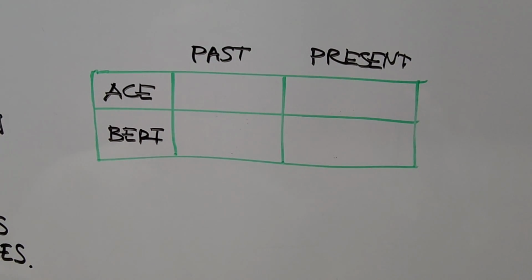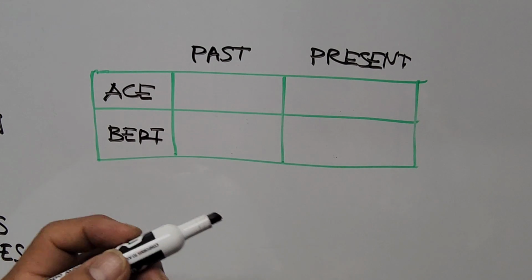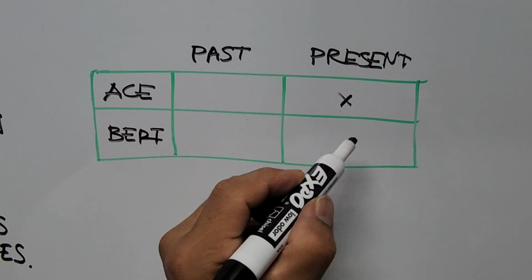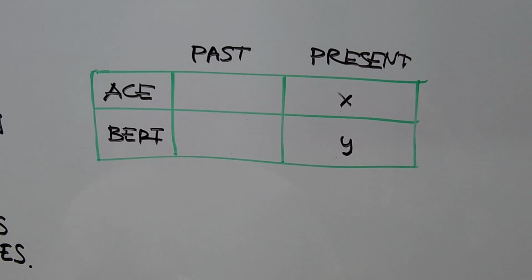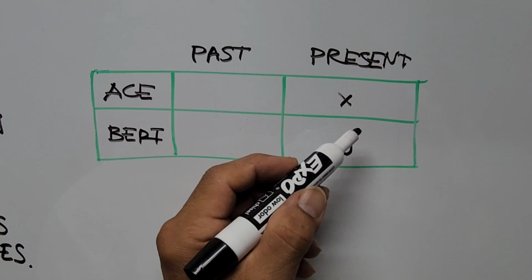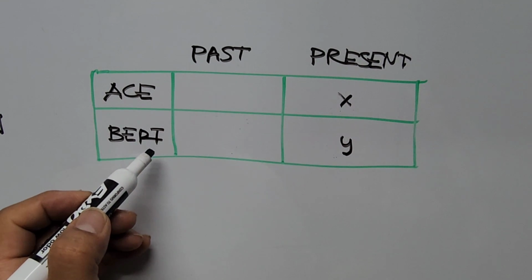From the first half of the first sentence, A's age is 4 times Bert's age in the past. Since we have indicated already A's age in the present as X, and Bert's age in the present is Y, based on that first half of the sentence, A's age in the present is 4 times Bert's age in the past.